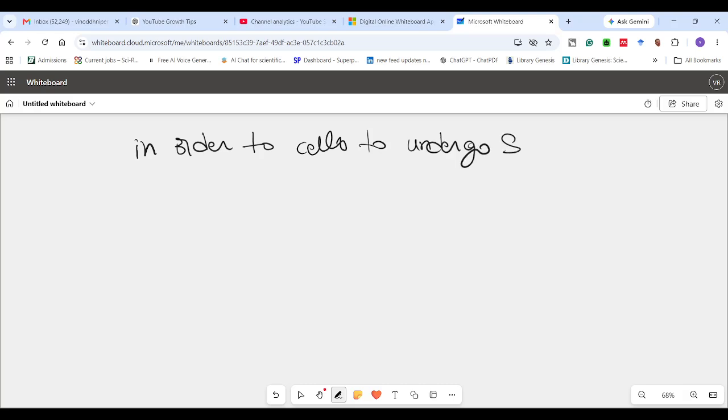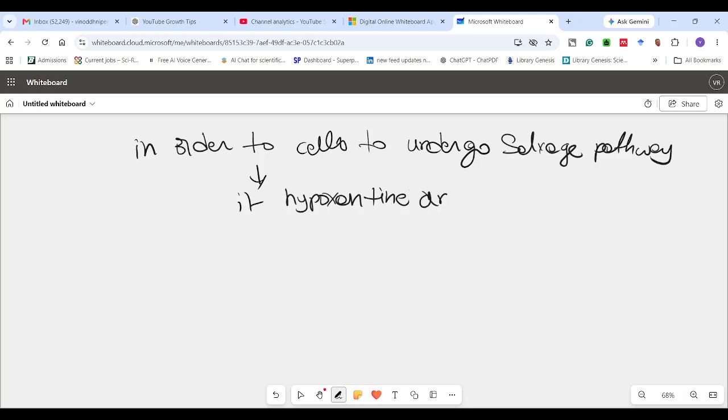For that, it needs hypoxanthine, pyrimidine, and one more important thing, the HGPRT enzyme.